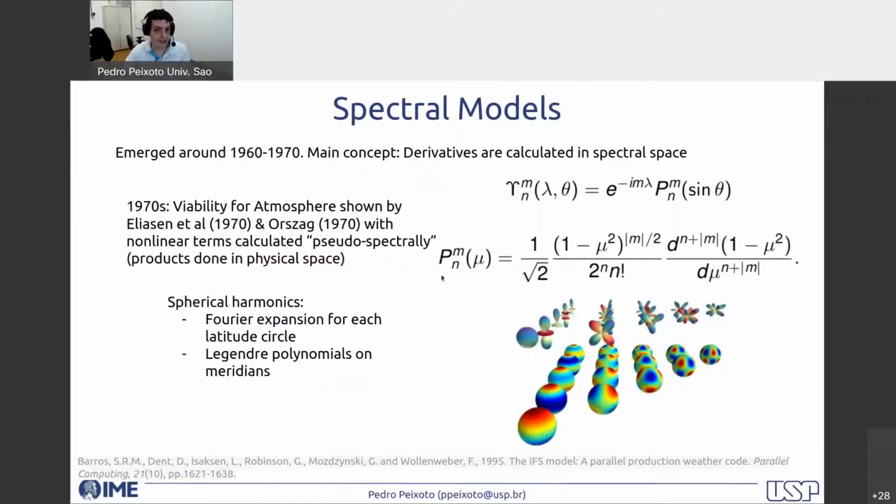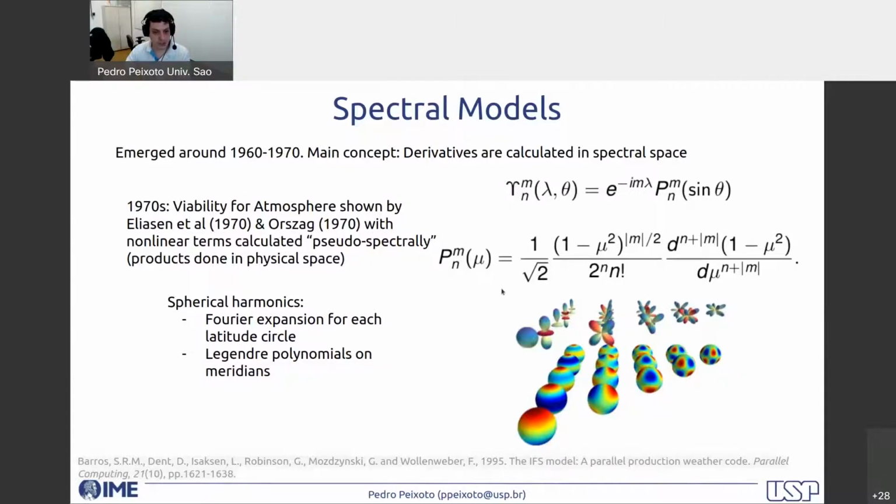And the interesting thing is that these spherical harmonics are eigenfunctions of the Laplacian, which means that it's very easy to solve Helmholtz-like problems. So it becomes very easy to solve implicit problems on this basis.